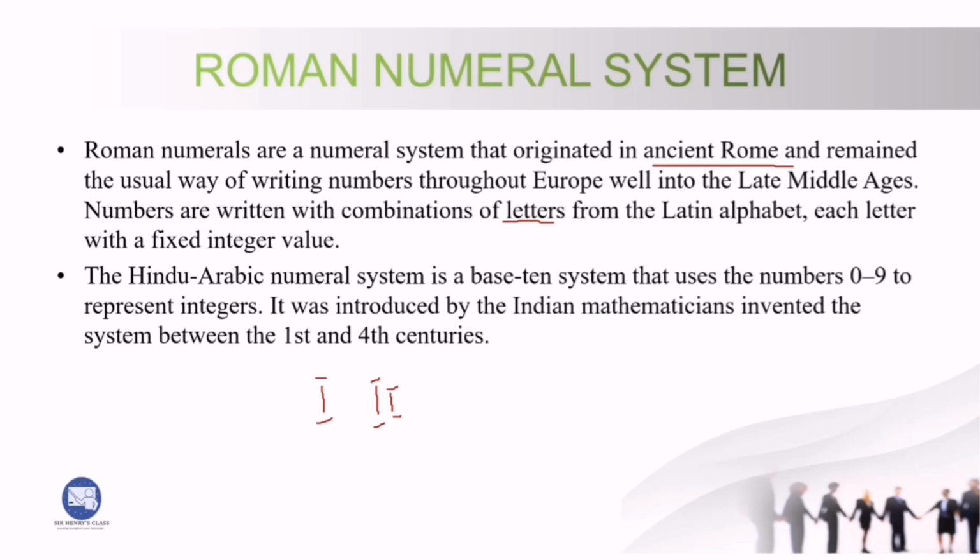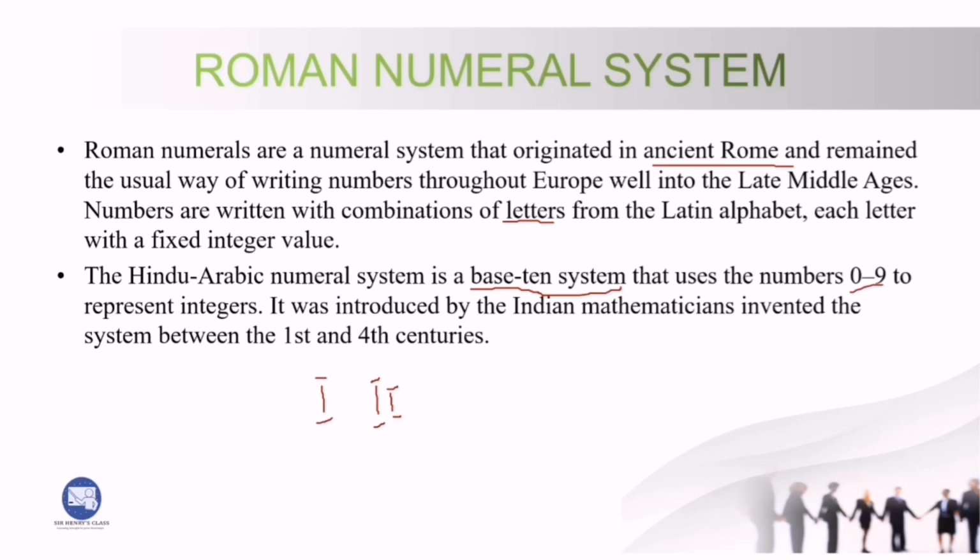Now, these Roman numerals are converted to what we call Hindu-Arabic numerals. The Hindu-Arabic numerals are also what we call the base 10 number system, ranging from 0 to 9.